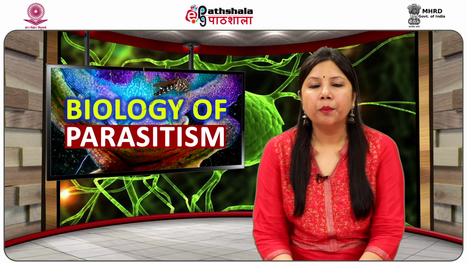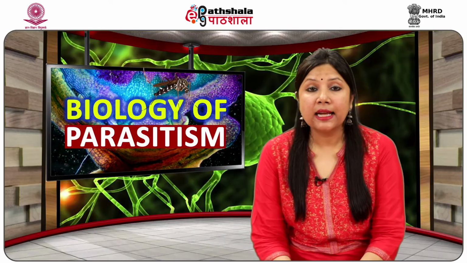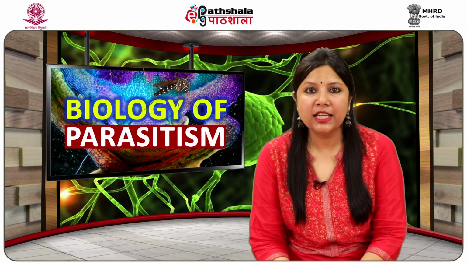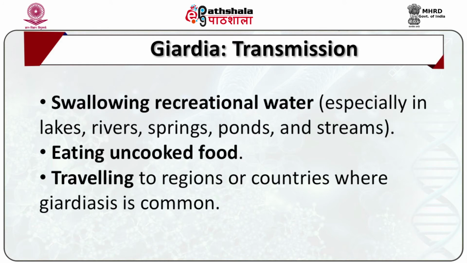Giardia can be transmitted by various modes, like swallowing Giardia directly from contaminated surfaces, for example bathroom handles, changing tables, diapers or toys that contain feces from a Giardia infected person or animal; drinking water procured from infected water sources such as untreated or improperly treated water from lakes, streams or wells; and swallowing recreational water, especially in lakes, rivers, springs, ponds and streams, while swimming or playing in Giardia infected water.